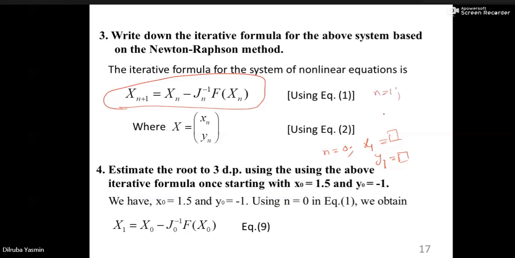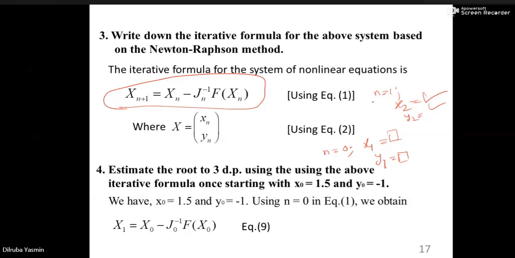You have to do 2 iterations. If you see anywhere in the question that the number of iterations is mentioned, so if you consider n equal to 1, you will get the x2 value, you will get the y2 value, and these are the required solution of the system of nonlinear equations.